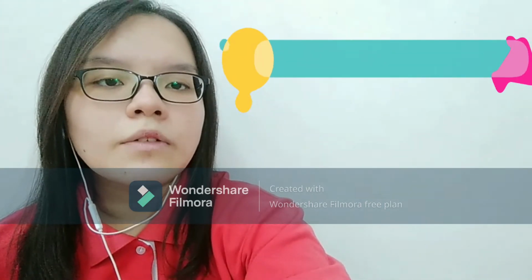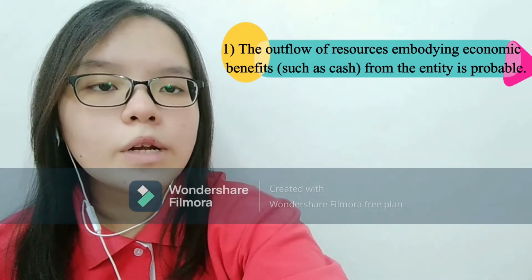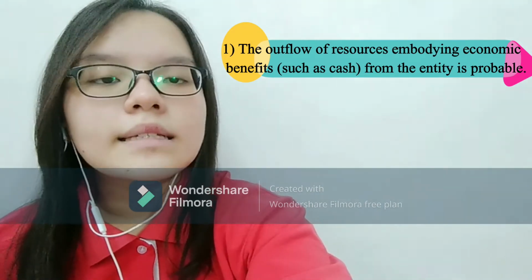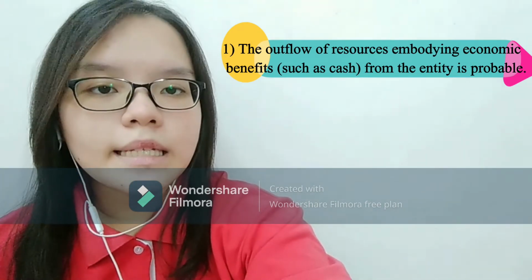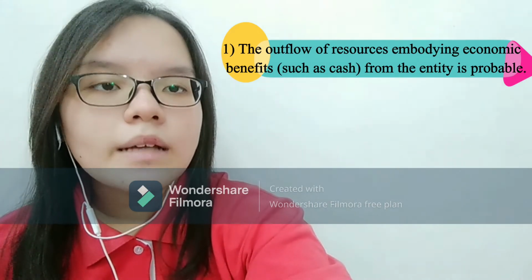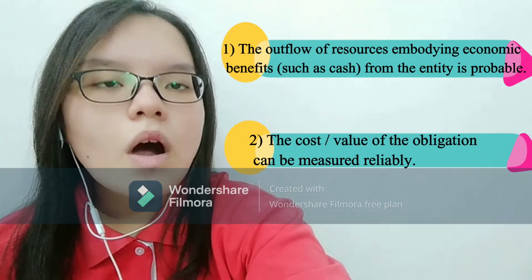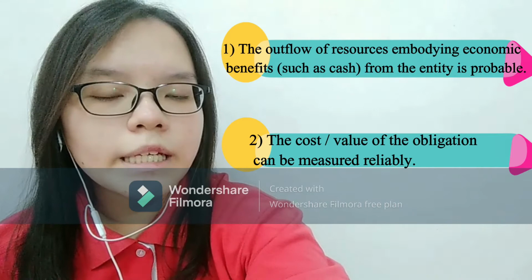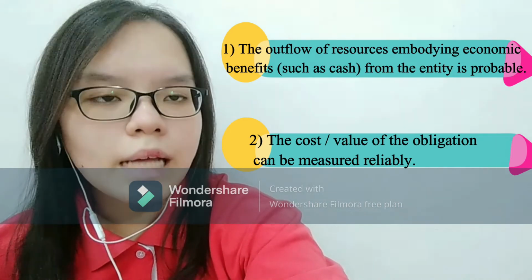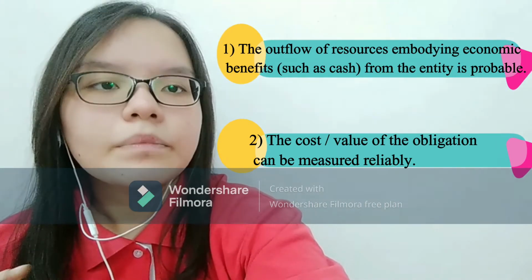The first one is that the outflow of resources embodying economic benefits, such as cash, from the entity is probable. Secondly, the cost or value of the obligation can be measured reliably.